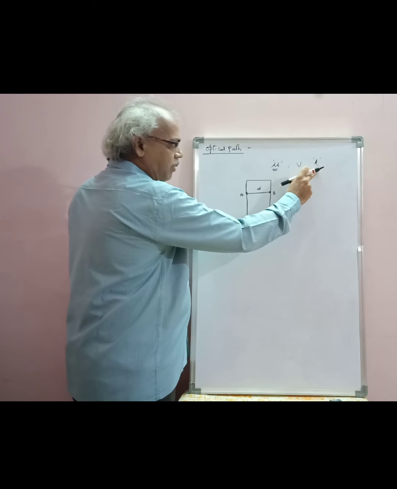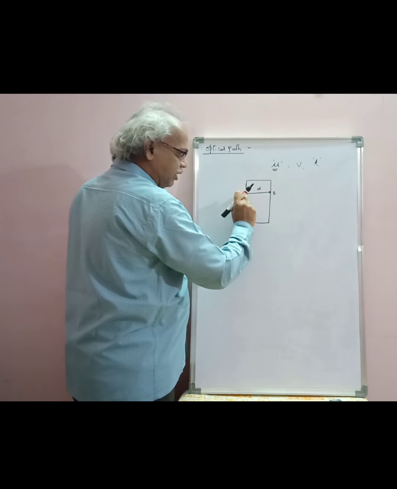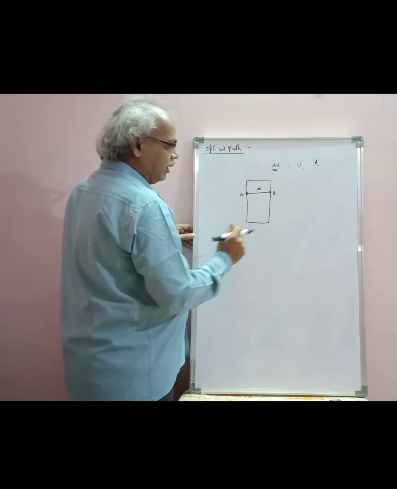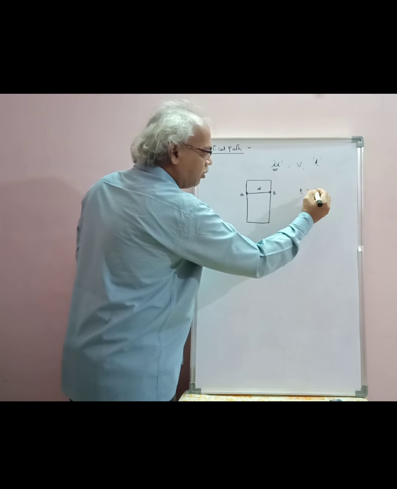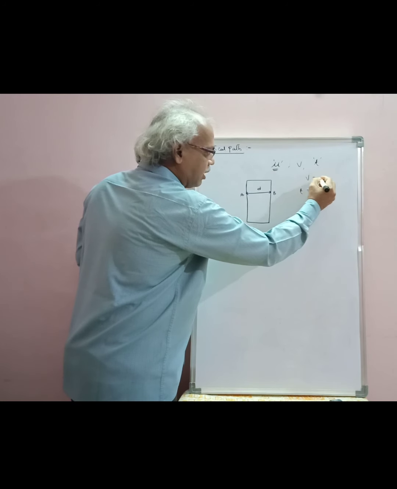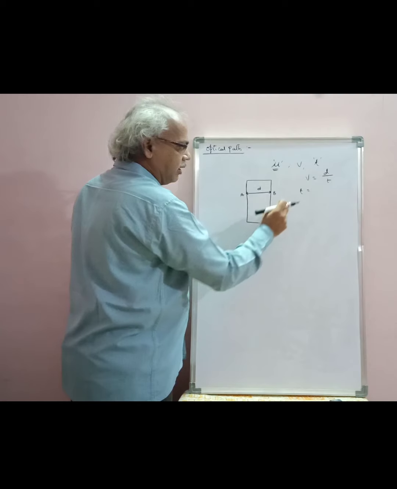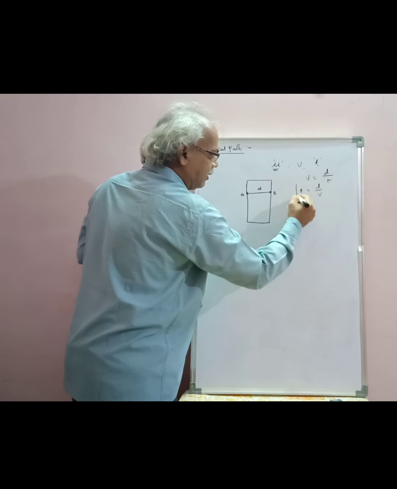The time taken by the ray of light to cross the distance AB, the shortest path AB, is found as follows. Speed is equal to distance by time. From this concept, time is equal to distance by velocity.